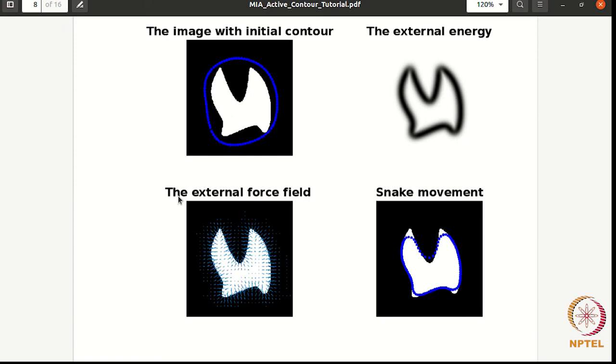The top left figure shows the boundaries to be captured and the initial contour. The right figure shows you the magnitude of the gradient of the image. Note that the gradient is high near the edge, and this edge looks a little bit diffused because it is convolved with a Gaussian filter, right? Now in the bottom left you see the image force vectors. They are small, but you can magnify them. Maybe I will show you.